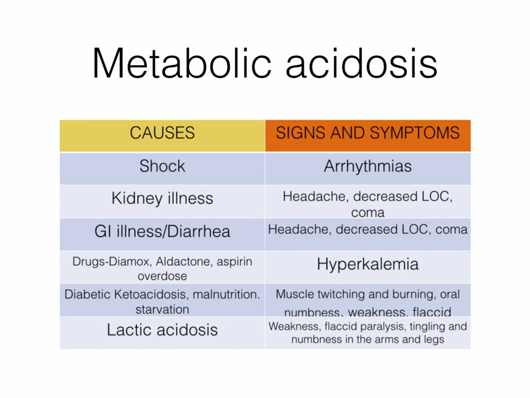This is a normal compensatory mechanism. So when potassium is pushed into the cell, hydrogen ion is pushed out of the cell into the bloodstream, causing acidosis. So the drugs Diamox and Aldactone can both be responsible for metabolic acidosis.